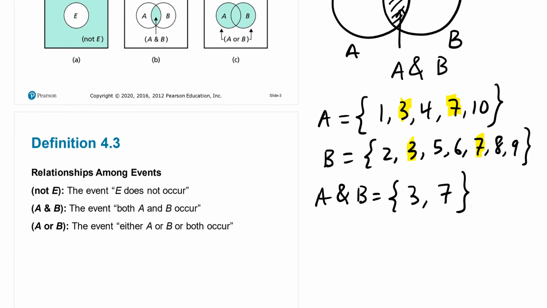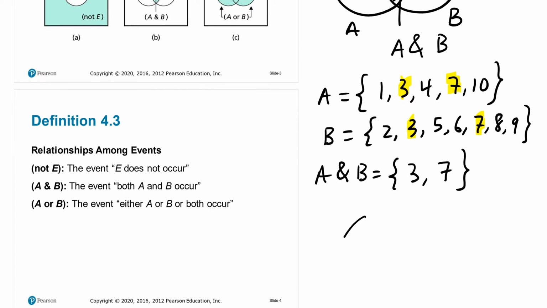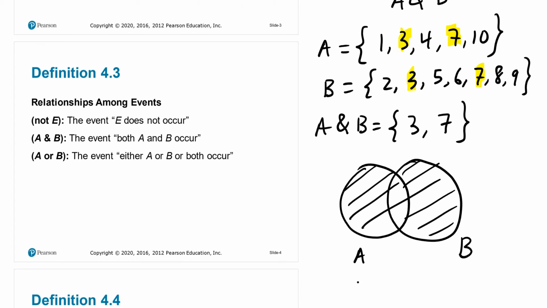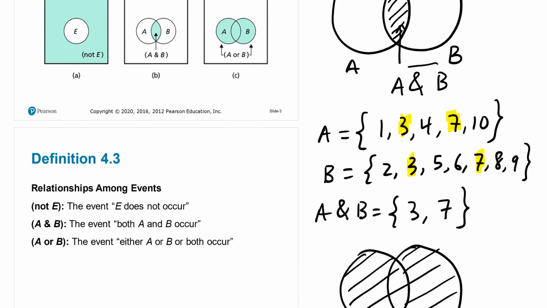Now if I take the same Venn diagram, this is event A, event B. If I shade everything, combining A and B together, that's called A or B. The other one was A and B, where it's overlapping.